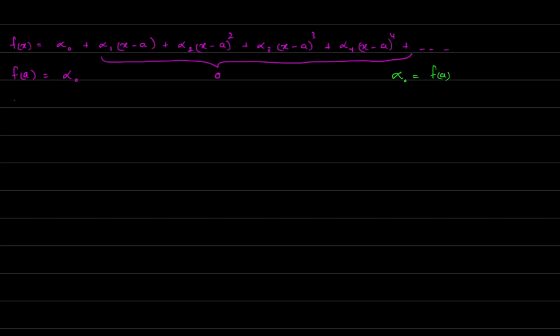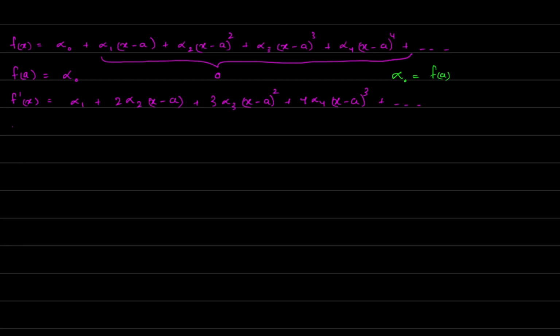Now let us consider the first derivative, f'(x). And that is equal to, alpha naught basically disappears, leaving us with alpha 1 plus 2 alpha 2 (x minus a) plus 3 alpha 3 (x minus a) squared plus 4 alpha 4 (x minus a) cubed, and that keeps on continuing.